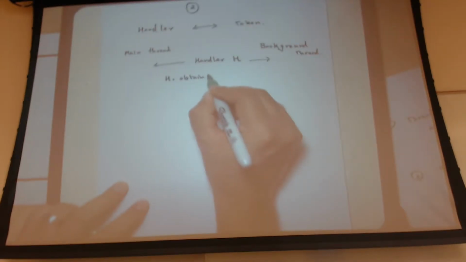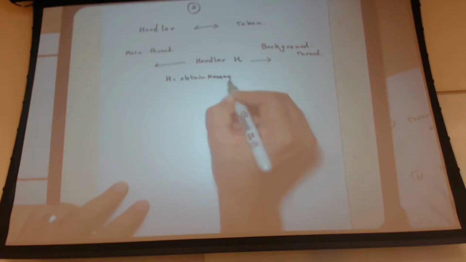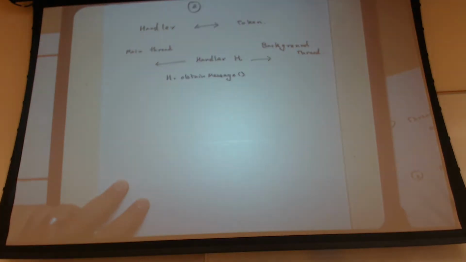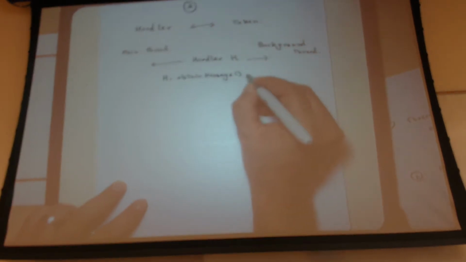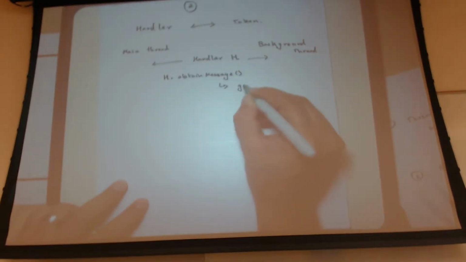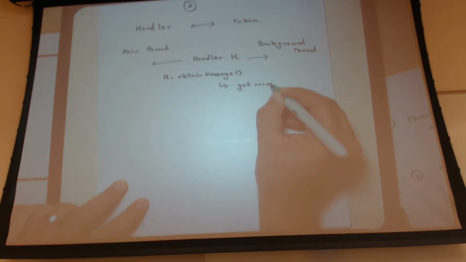Now, corresponding to each handler, there are three specific tasks. If you do H dot, then you get to all of those tasks. The first one is obtainMessage. The function of obtainMessage is to get access to a token.